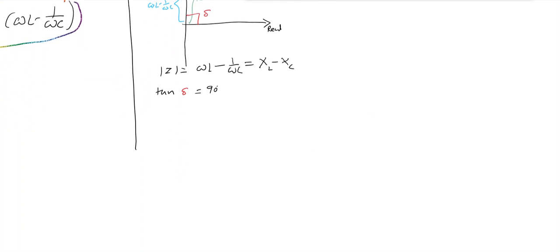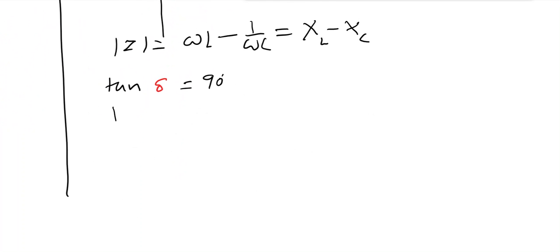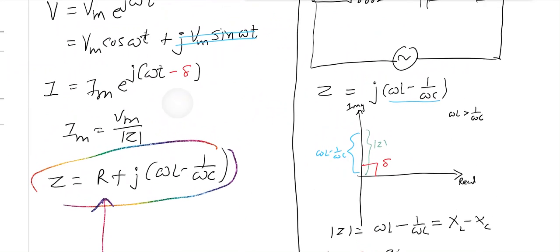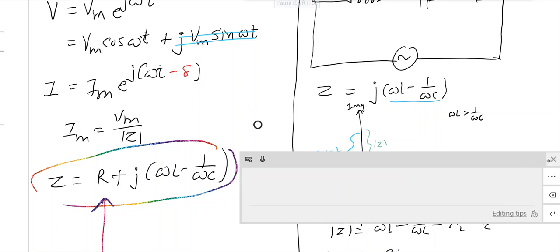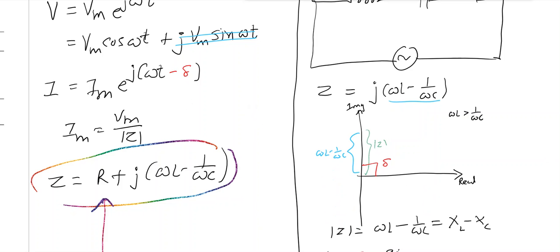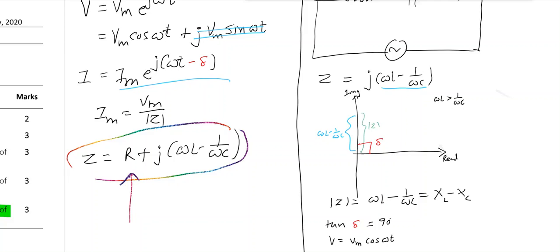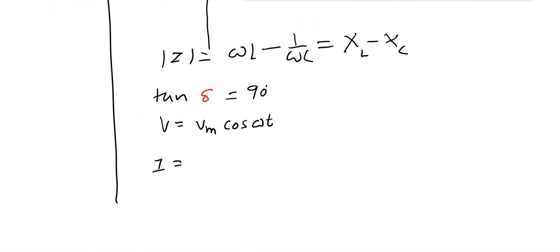So what is the equation of voltage? Voltage is Vm cos omega t. What is current? If I consider the real part of this current, it is Im cos omega t minus delta. I'm sorry, I made one mistake here.